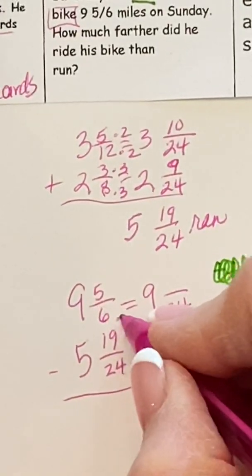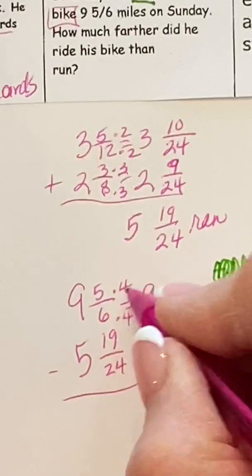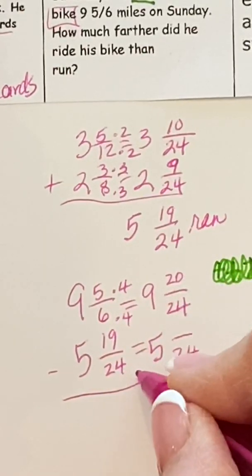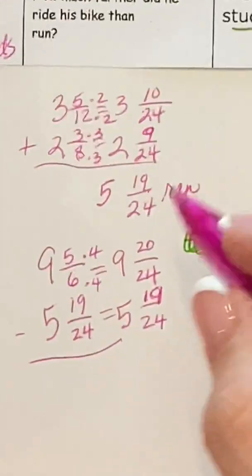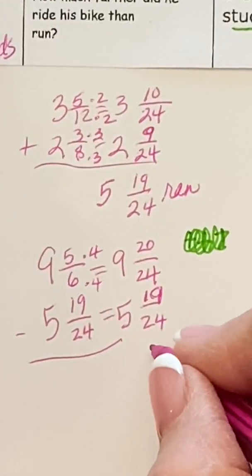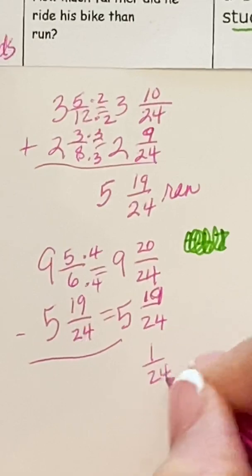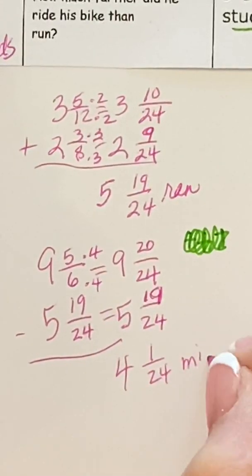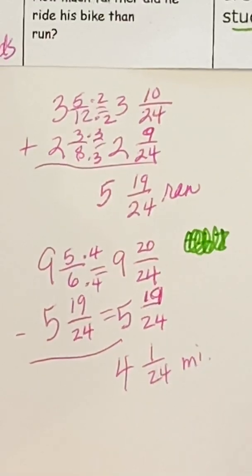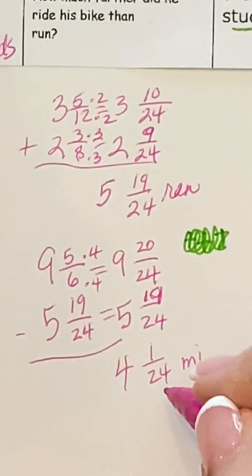All right, 6 times 4 is 24. 5 times 4 is 20. Here, same thing, because it's already in 24ths. Now let's subtract. 20 minus 19 equals 1 over 24. And 9 minus 5 is 4. So he biked 4 and 1/24 miles farther than he ran.